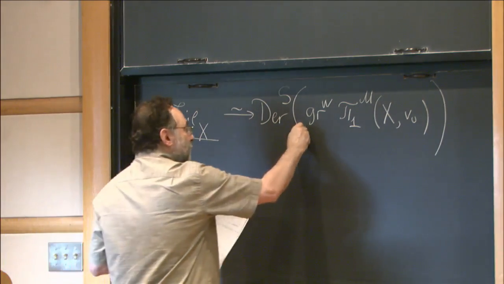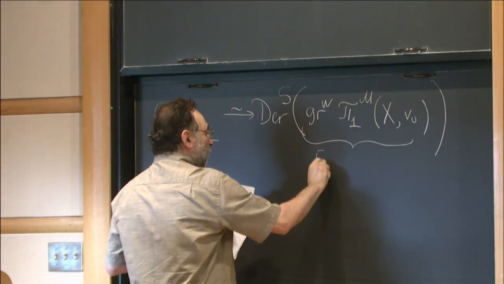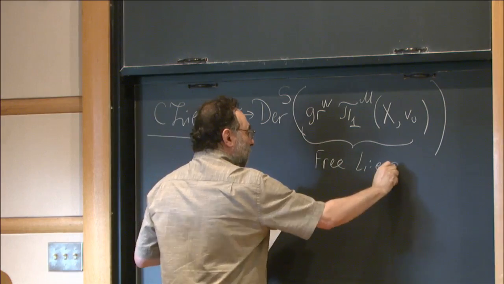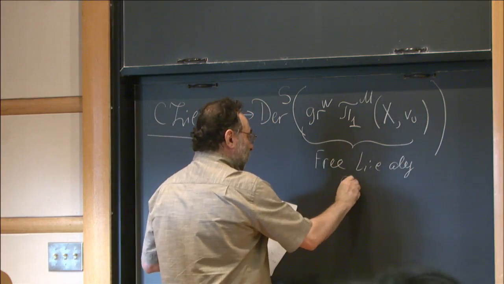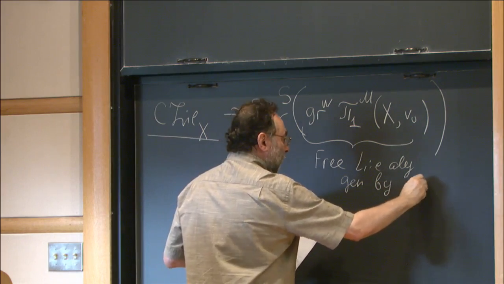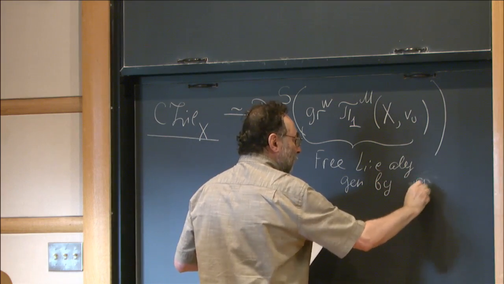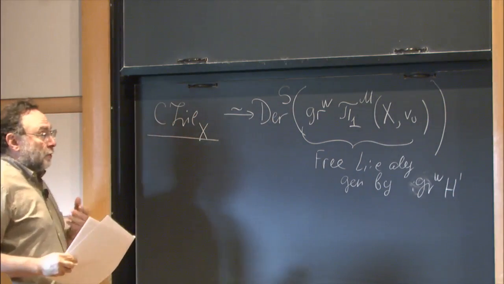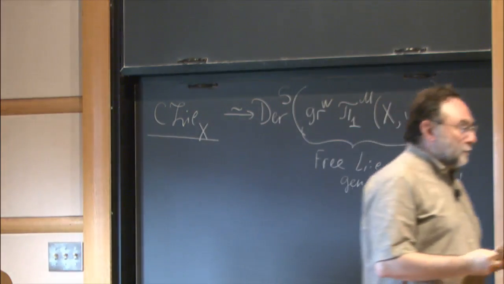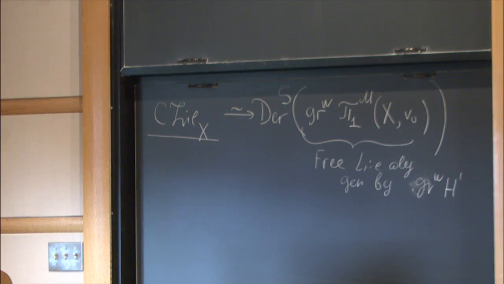So I remind you that this is the free Lie algebra generated by gr W H1. Okay, so what was the goal of the story? The goal of the story was to define this correlator.